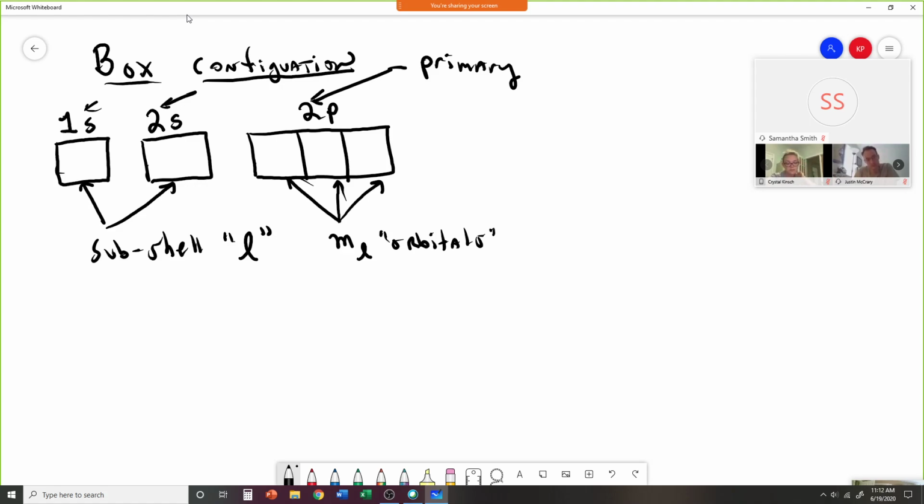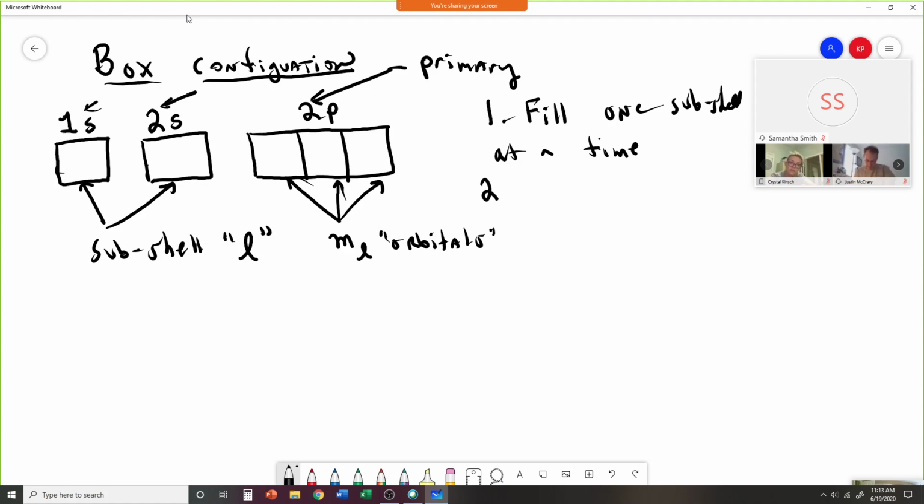All right, and so now here are the rules. One, we're going to fill one subshell at a time. In other words, we're going to fill the s before we move on to the p. We're going to fill one subshell at a time.